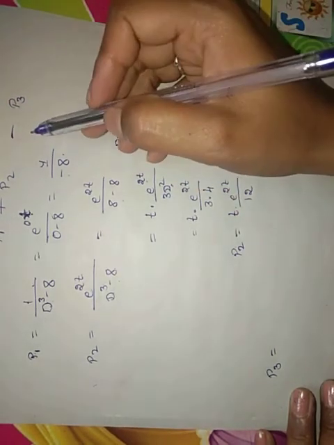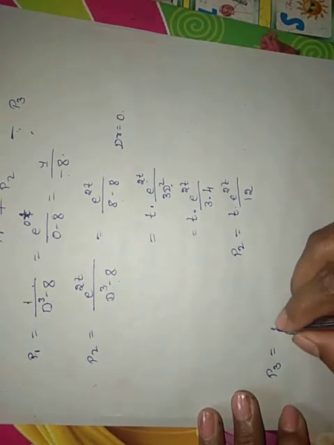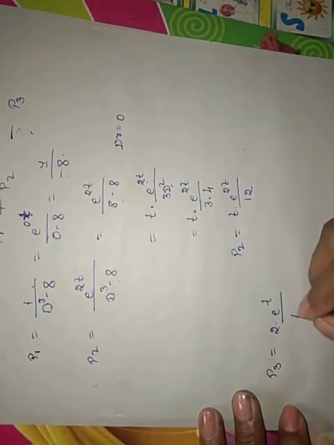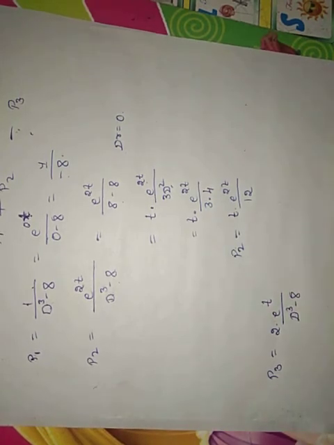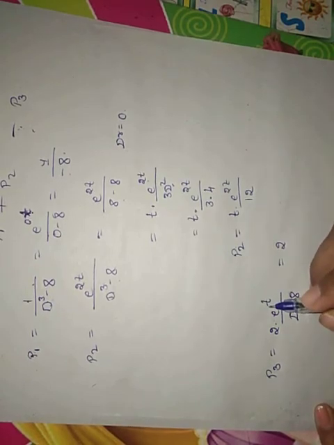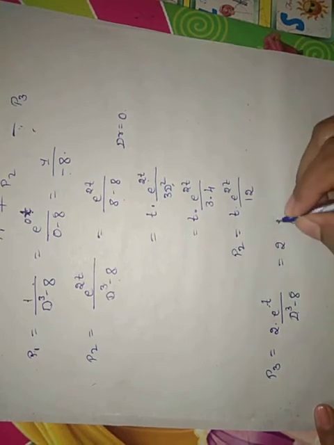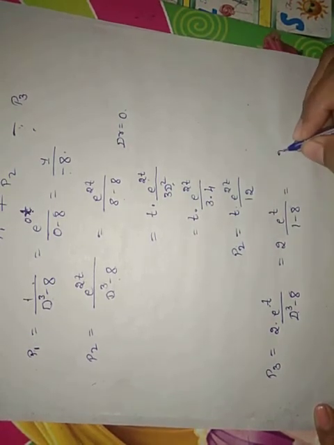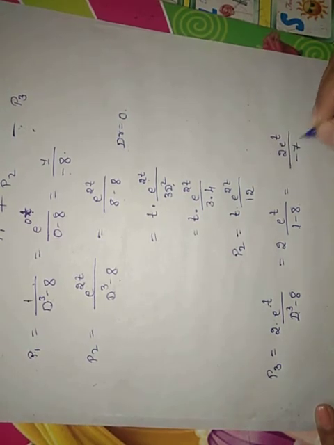Next come to P3. Here, don't consider the minus sign now. So P3 is equal to 2 into e raised to t divided by D cube minus 8. The coefficient of t is 1, so replace D by 1. 1 minus 8 is minus 7, so that is 2 into e raised to t divided by minus 7.